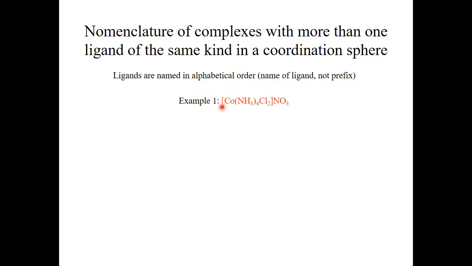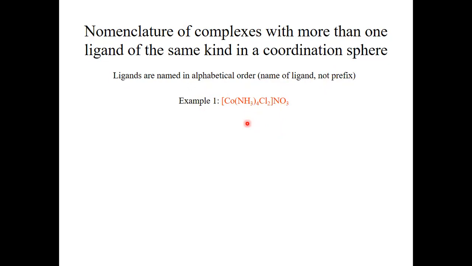Here we have a complex cation in which 4 amine ligands and 2 chloro ligands bind to cobalt, and that complex cation is charge counterbalanced by nitrate anions. So what would be the name?